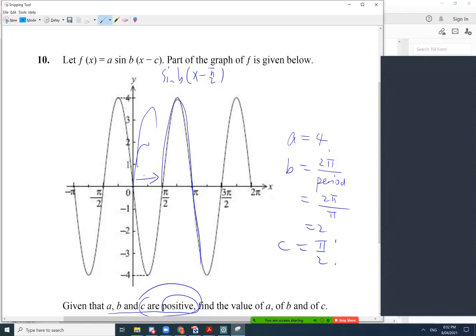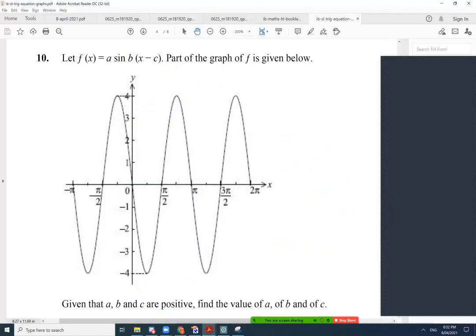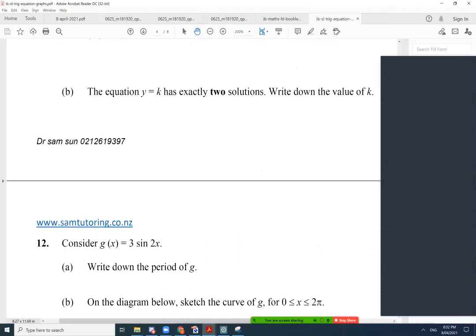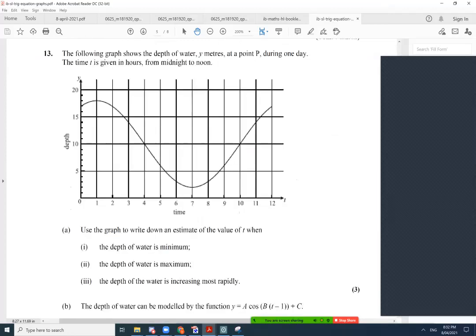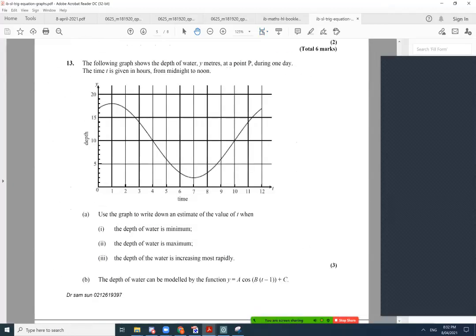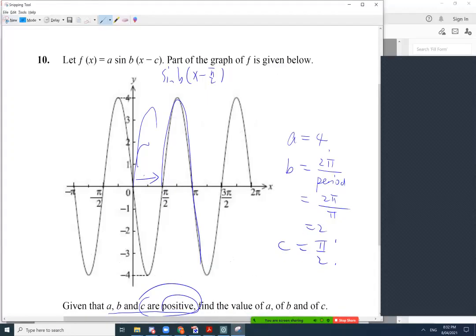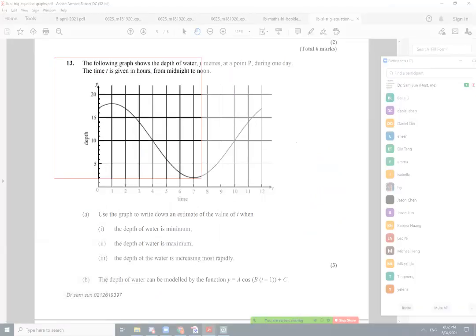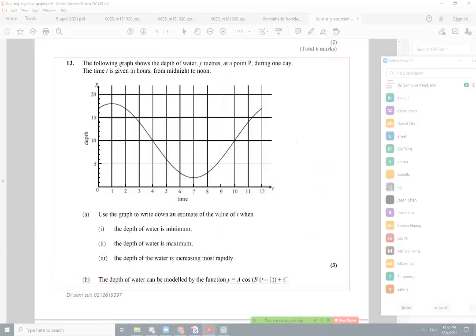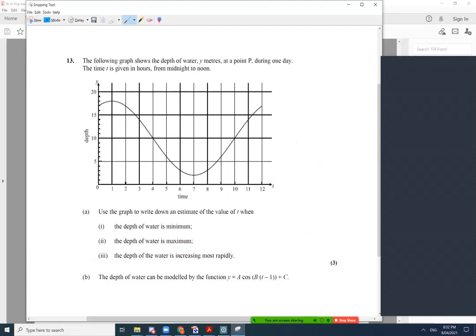Okay, that's this question. The other one. Any annoying question? Oh, yeah, here, 13. We need to read the estimated value.